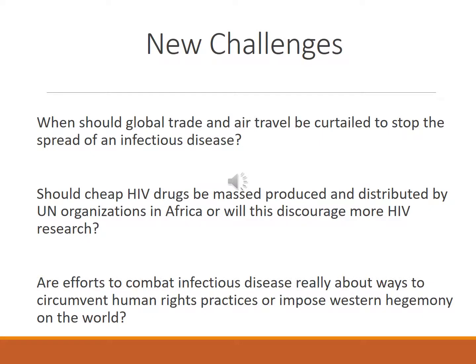I want to conclude this discussion of infectious diseases by pointing out a few obstacles that are going to be a problem in the future. One is that globalization continues, that there's more and more air travel taking place. There's more and more trade taking place. A lot of the food that you purchase at the grocery store is produced and packaged overseas, in Central America and the Caribbean, Mexico.